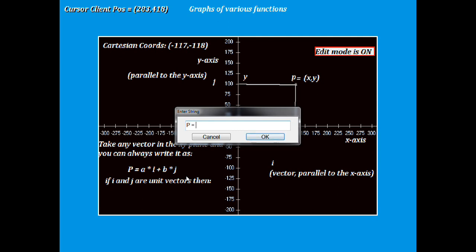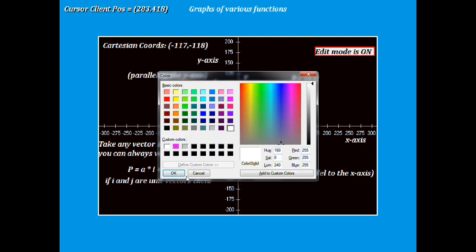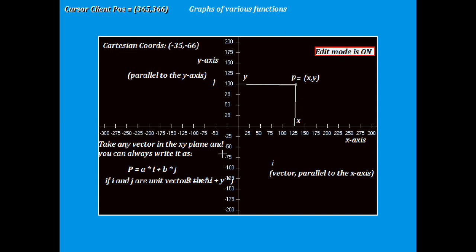So we have p equals x times i plus y times j. So that makes it very convenient in the unit vectors, because then the scalar quantities are just the coordinates.